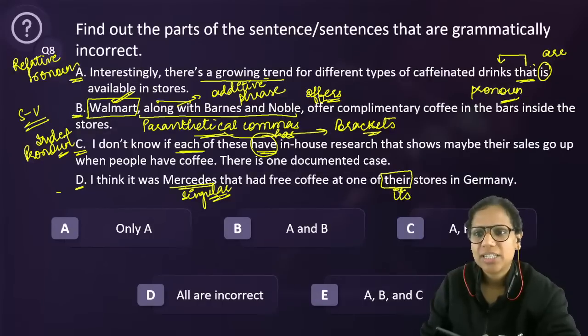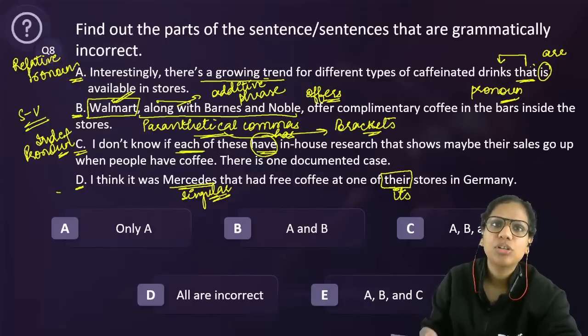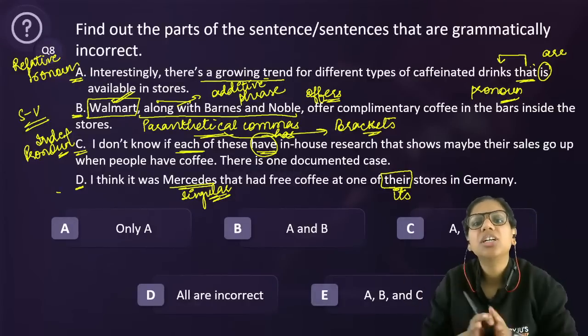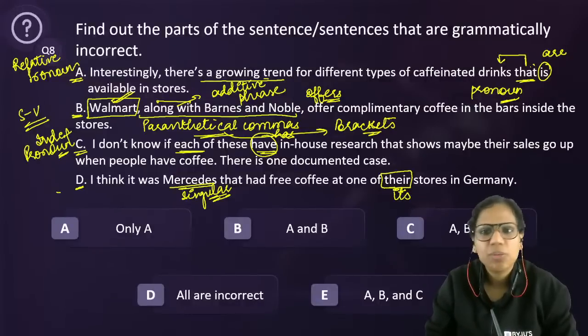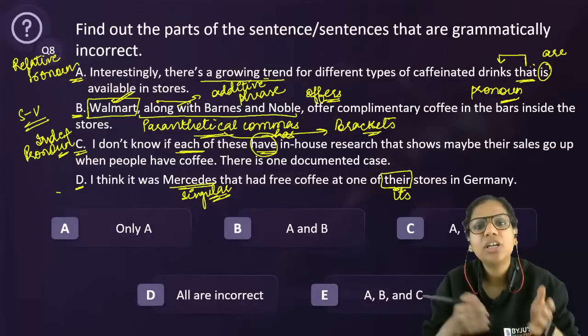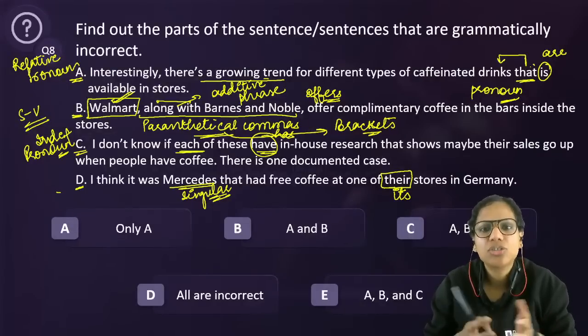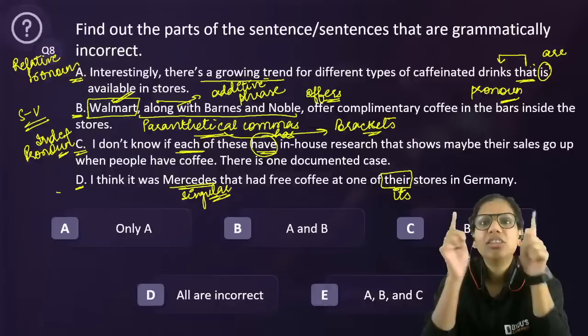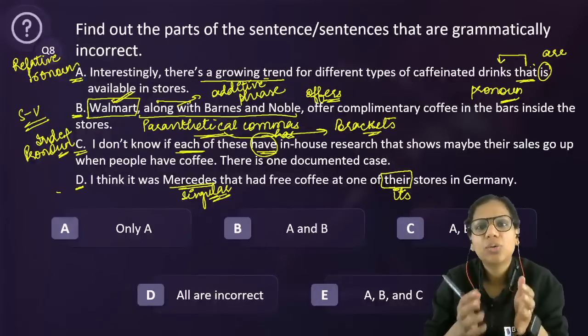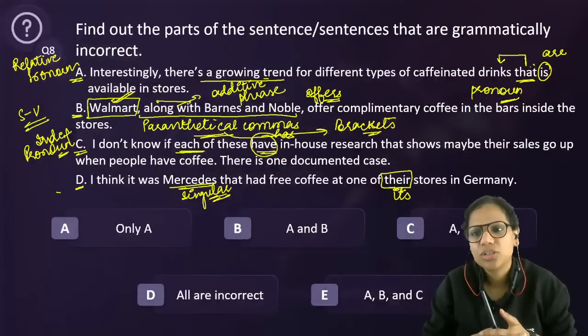Yes, Khushbu, correct. At one of their stores. Inside can be used if you want to specify that it was within the confines of their stores, right? But at is not incorrect. You are giving the location of the free coffee. At is a preposition of location. So instead of talking about the fact that it was within the confines, you are just saying that it was at that location. At is fine.